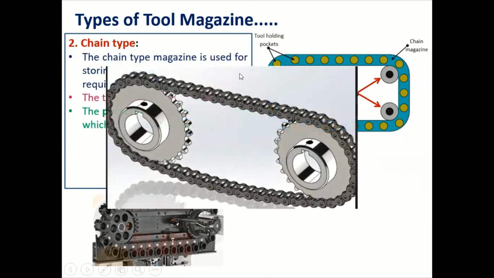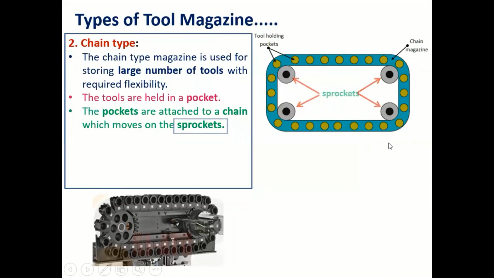Like this sprocket, and this is the chain, and over that are the tool holding pockets. It will properly guide the chain when it moves with respect to the sprockets.